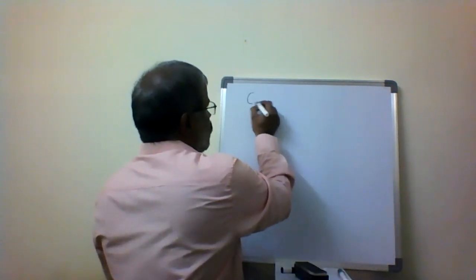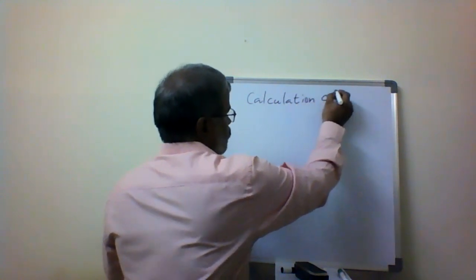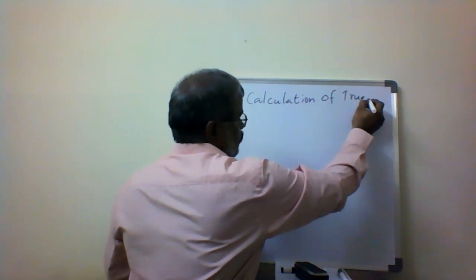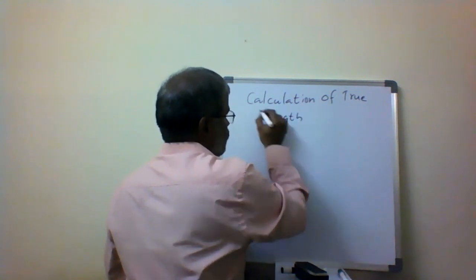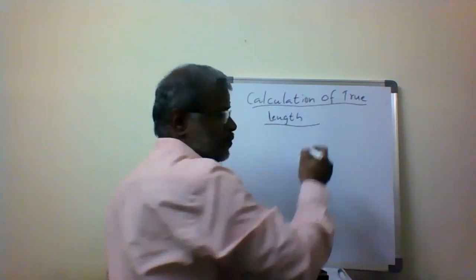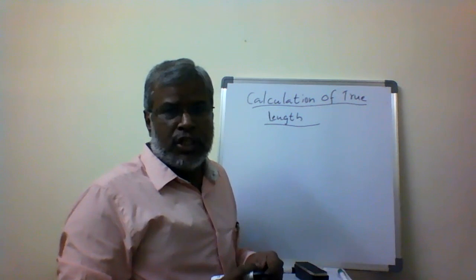Next is the calculation of the true length, if the chain is too long or too short.